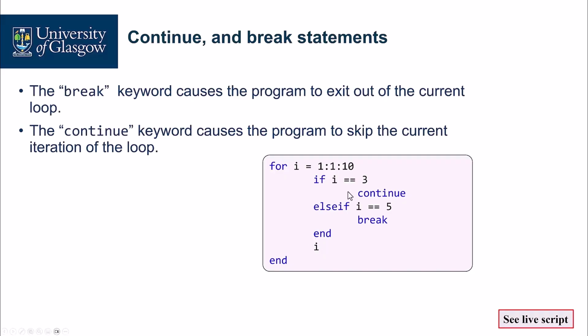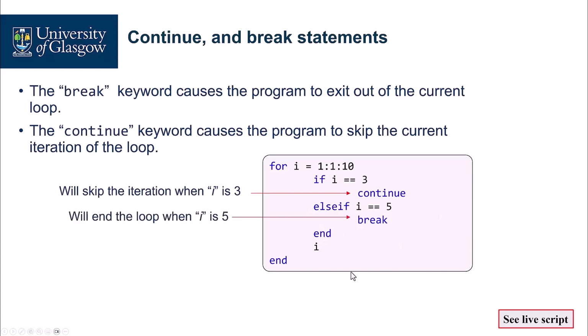The question is: what will be printed in the command window? Firstly, when i equals 3, we have continue, which means we skip the current iteration. So the else if and the print of i will not be executed for 3. When i equals 5, we jump out of the loop, so the loop will never run any more. i won't equal 6 or 7.